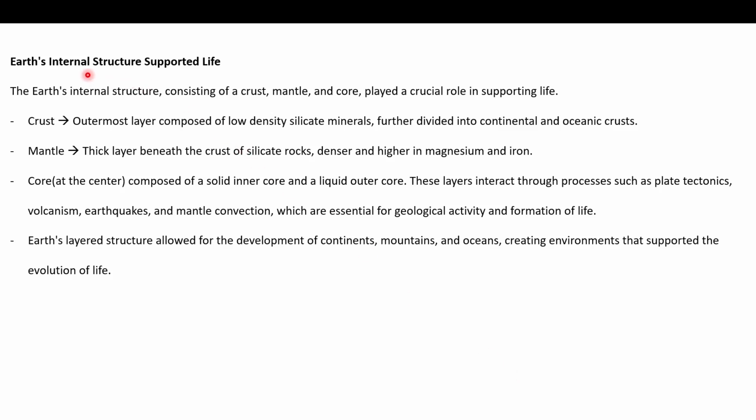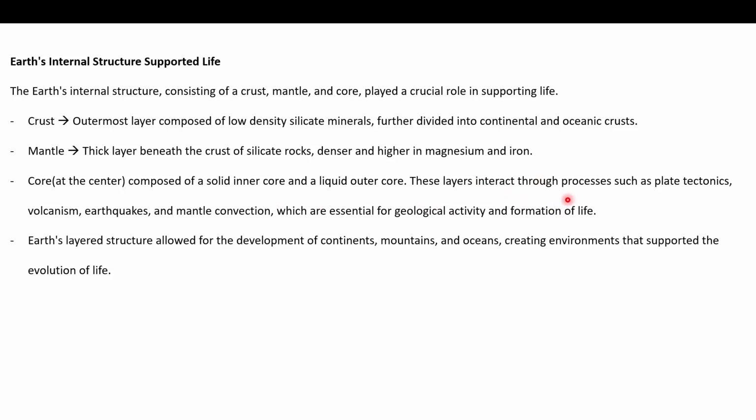So, Earth's internal structure actually supports life. The crust has low density silicate minerals, further divided into continental and oceanic crusts. The mantle is the thick layer beneath the crust of silicate rocks, denser and higher in magnesium and iron. The core is at the center, composed of a solid inner core, the densest part, and a liquid outer core.